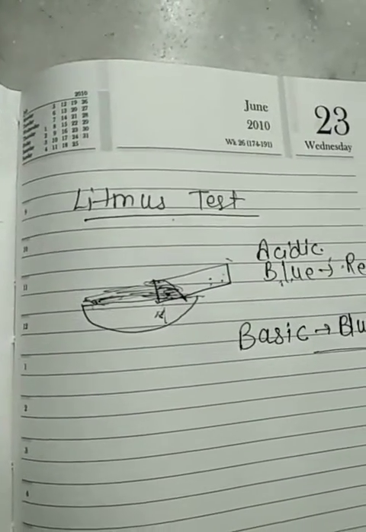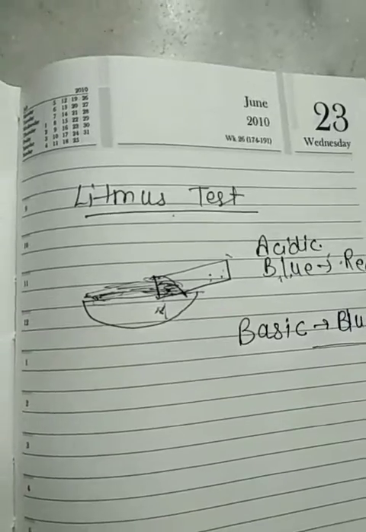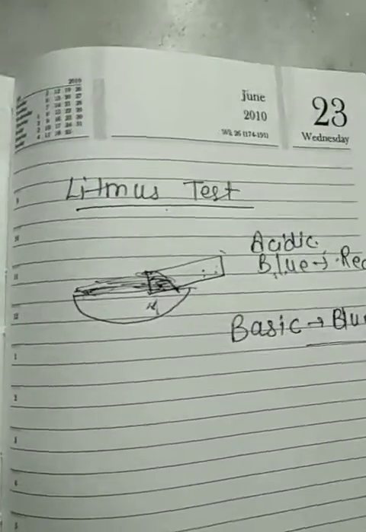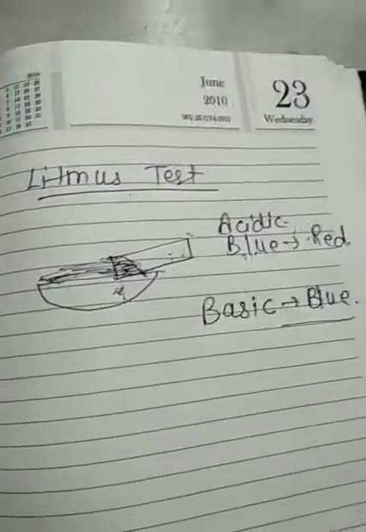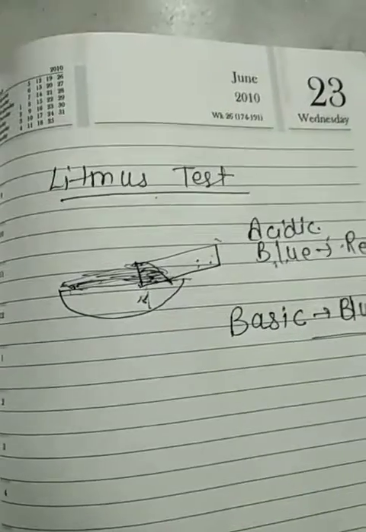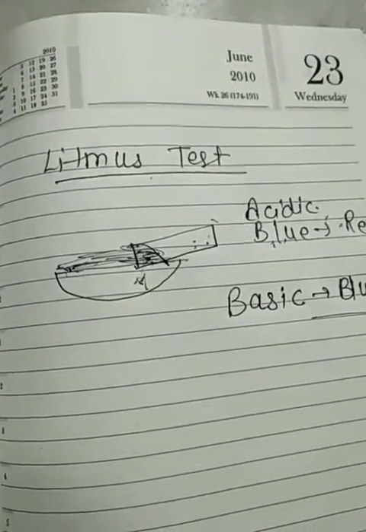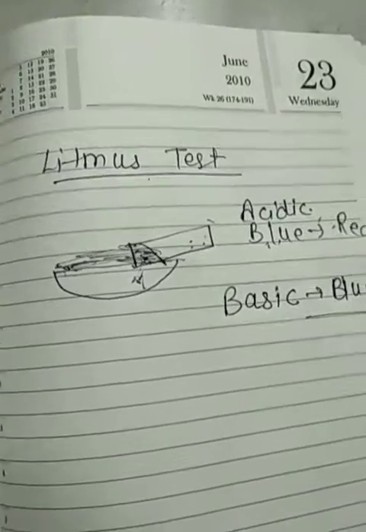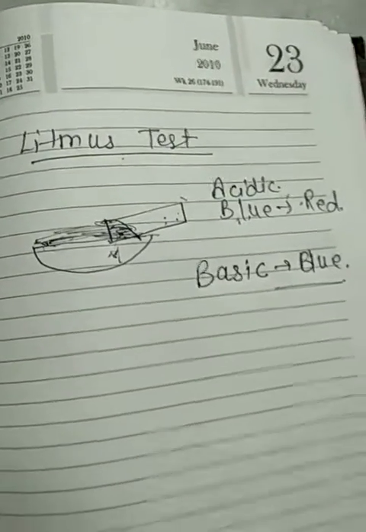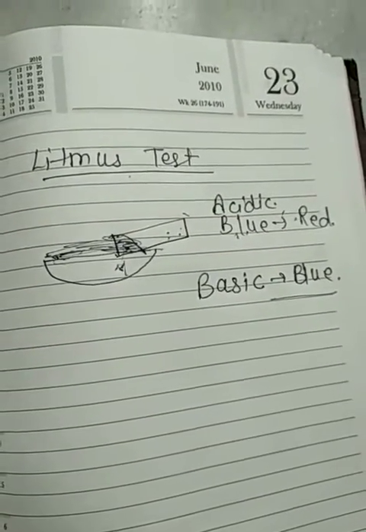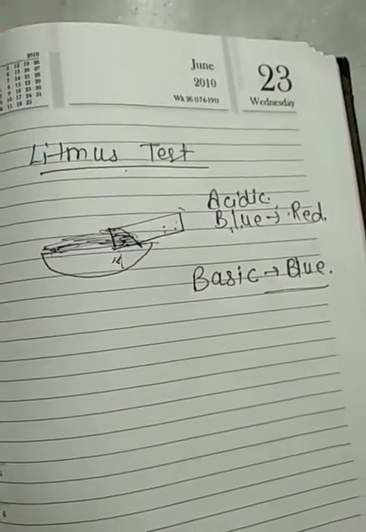So in order to conclude that the substance is neutral, you have to test with both red and blue litmus paper. If both of them show no change in the color, that means the solution is neutral. So this is a very important thing, do not get confused with this.